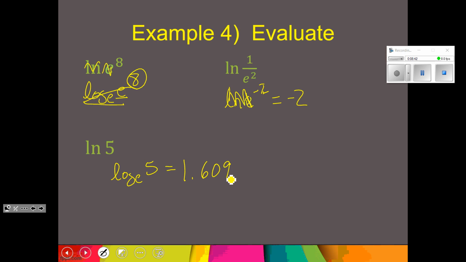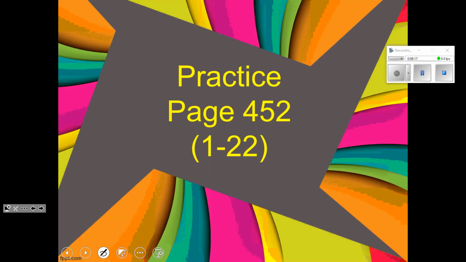Basically what that means is if you raised e, 2.71828, to the 1.609, you would get somewhere around 5. It's not going to be exactly 5 because it's a decimal and we rounded it, but it would be like 4.99999. It would be really close. Okay, so you can use your ln, and then you can use your log base. You can use your math alpha math, and then just put in log base e. Okay, so there's our practice for today.